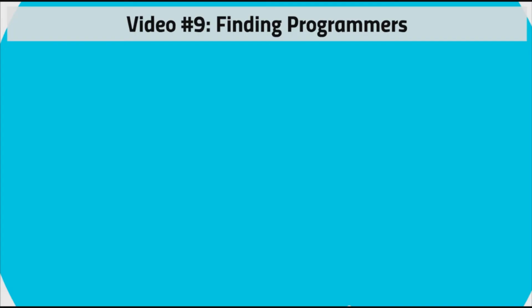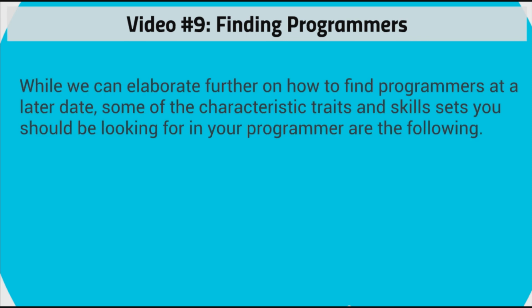Okay, so now that we are pretty much done, this is kind of a bonus, but in video number 9, I want to talk about finding programmers. I'm not talking specifically about going out and finding a programmer, but I'm talking about what kind of characteristics and traits you should be looking for within a WordPress plugin programmer, because not all programmers are going to be the same.